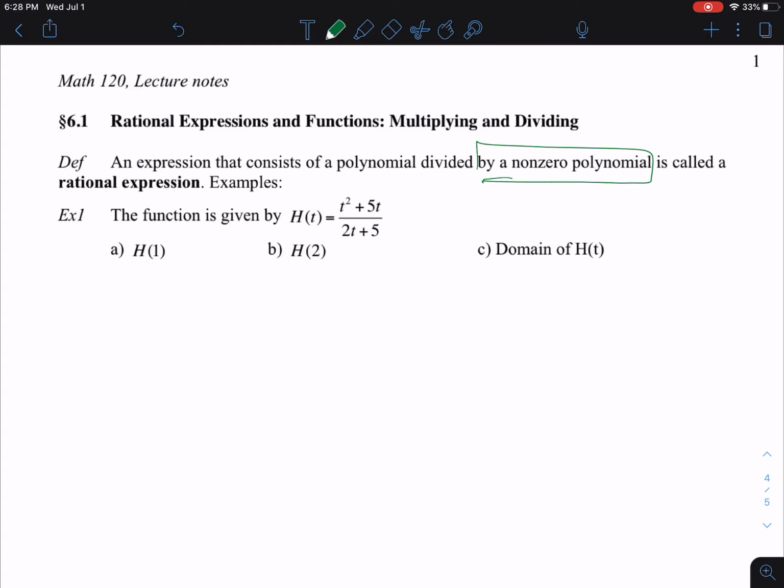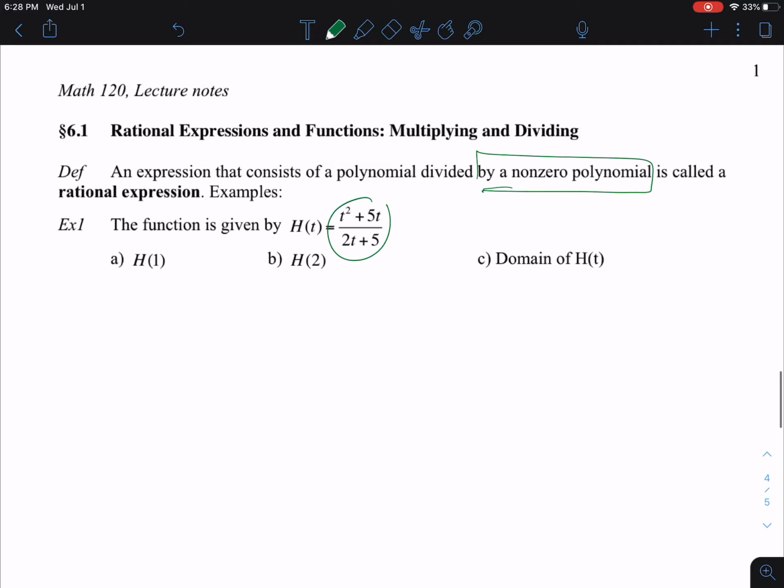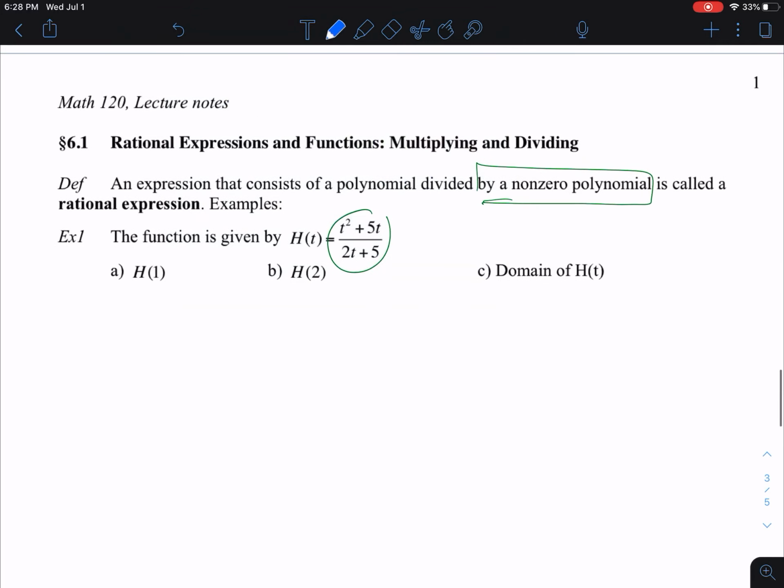An example would be x squared plus 1 over x squared minus 1, or x squared plus 3x plus 2 over x plus 1, or any two polynomials dividing. So that gives us a rational expression. Another word for rational is fraction. Rational is just a more formal term that we're using.